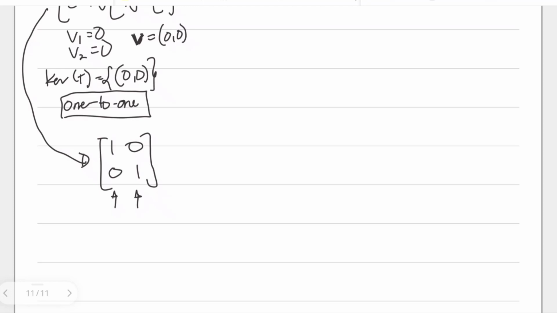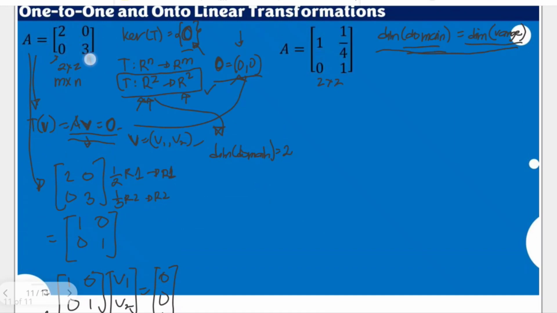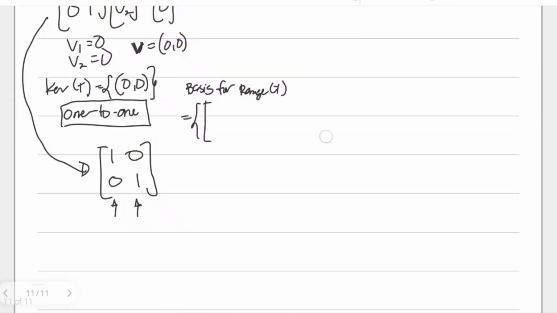Okay, so our basis for the range of T is equal to the column space of A, meaning our original matrix here, 2, 0, 0, 3. That contains here 2, 0, and then 0, 3. With this, the dimension of the range talks about the number of elements that can be found on the basis of range, which is equal to 2.